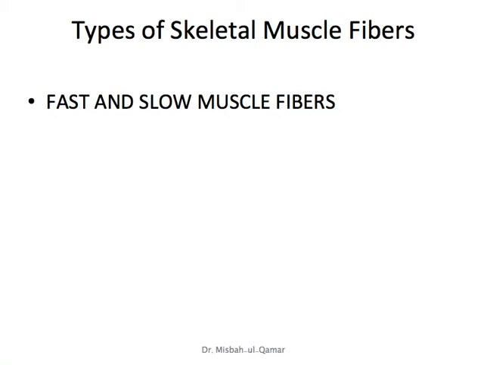The two main differences among these fiber types are the speed of contraction, as the name indicates, and also the type of enzymatic machinery which is used to energize the contraction. And keep in mind that every muscle of the body is composed of a mixture of so-called fast and slow muscle fibers.